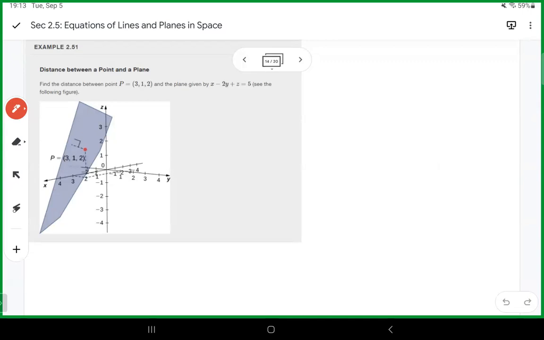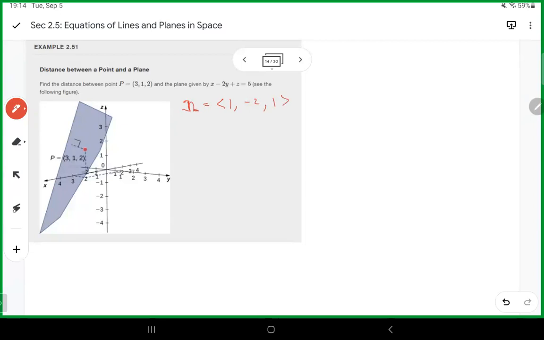Okay, so find the distance between point P and the plane given by x minus 2y plus z equals 5. So they give you the figure below. So the coefficients of the plane's equation provide a normal vector for the plane. So the n is given basically to us as 1, -2, 1.